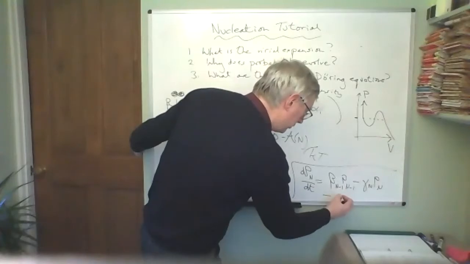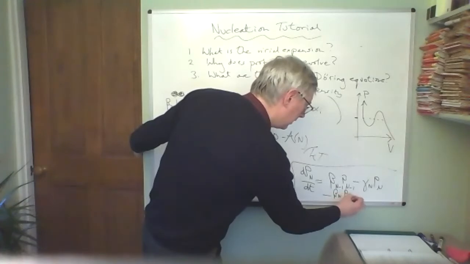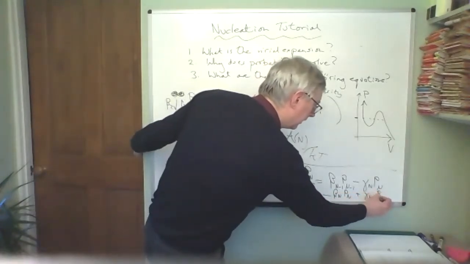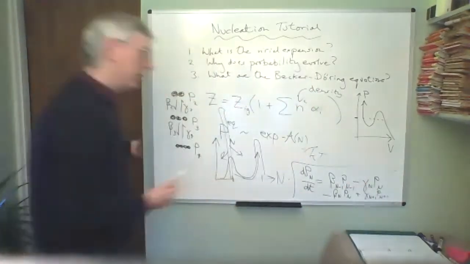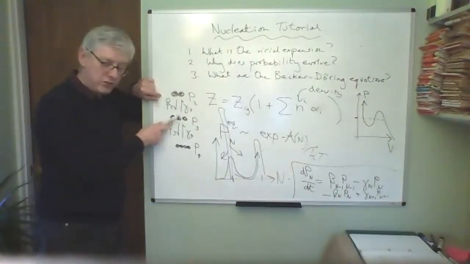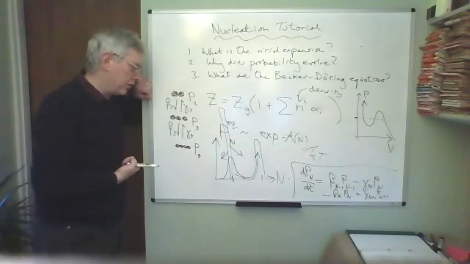And then there's another 2 terms. There's minus beta n Pn plus gamma n plus 1 P n plus 1. 4 terms, 4 processes giving rise to changes in the probability of the size of cluster in question.